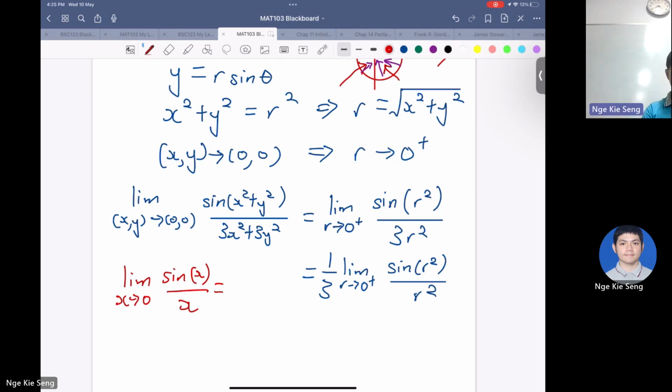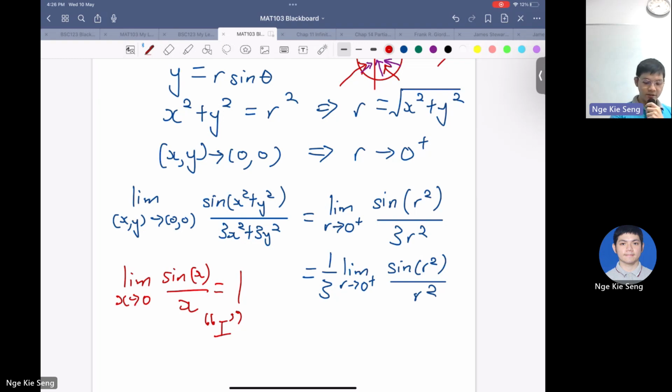So how do you prove it? Do you need a theorem? You can use L'Hopital's rule. Maybe you can create a theorem, but you can use L'Hopital's rule.